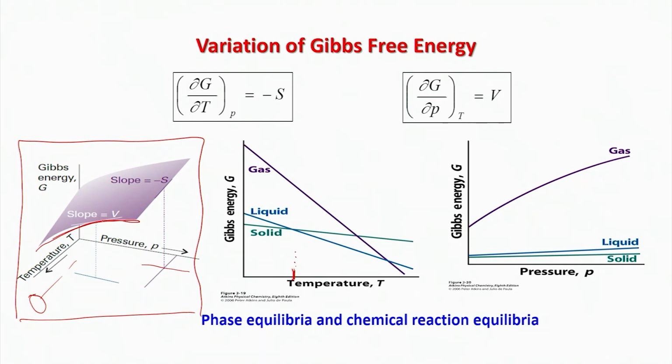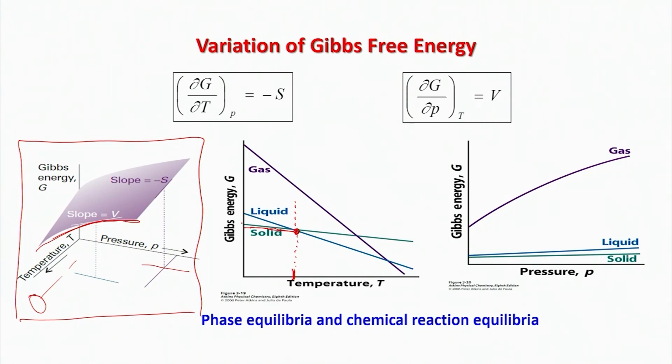If I extend this temperature, I find that here the Gibbs free energy of the liquid and the solid at a given pressure are equal. So this is what is known as the condition under which the two phases can exist in equilibrium. Below this temperature, you have the solid phase with the lowest Gibbs free energy.